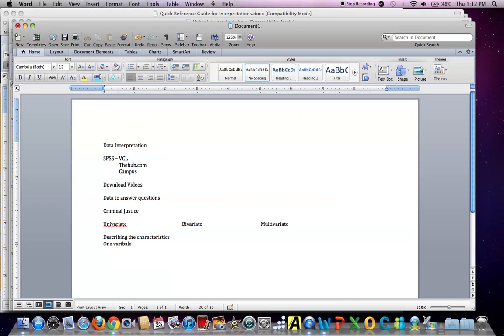The bivariate module looks at trying to describe associations between variables or among variables. Okay, so in other words, let me just finish this. And the multivariate looks at associations among more than two variables. All right, and then I'll describe all these for you.